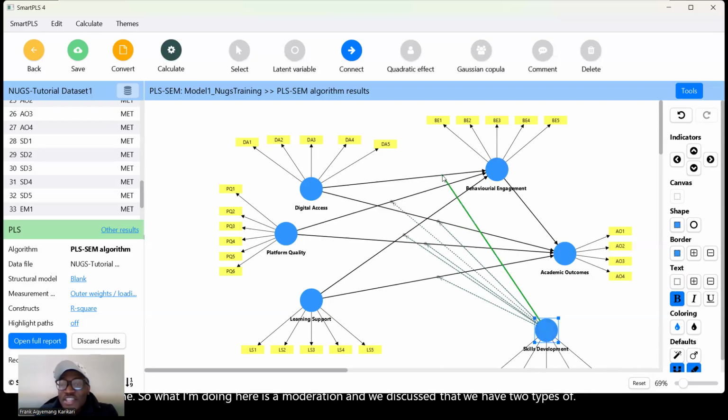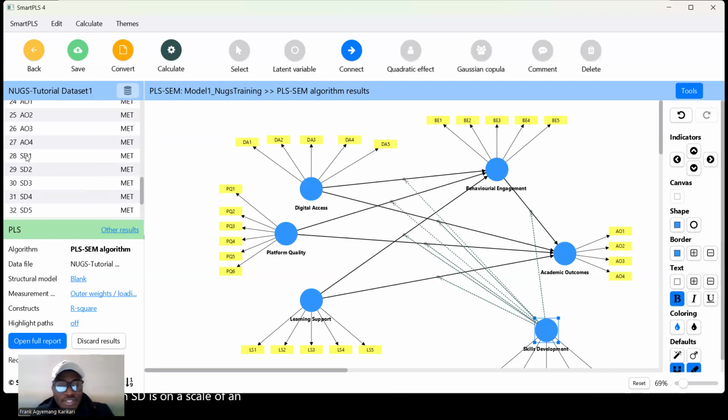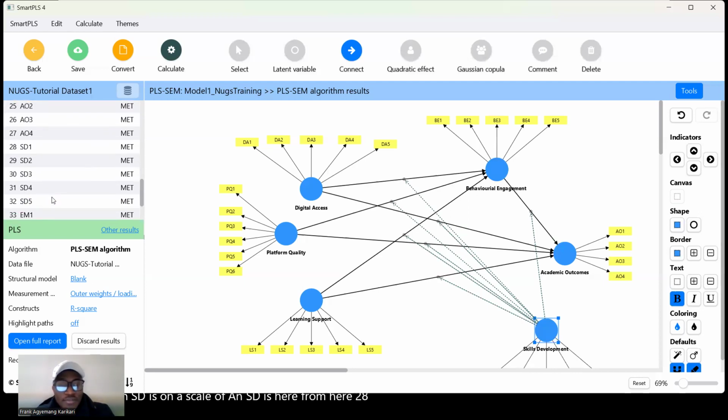We said that it can be in the form of categorical moderation or continuous moderation. So what I'm doing right now is that we are moderating SD, which is also part of our data sets. And SD is on a scale of, SD is here, from here, 28 to 32. And you all agree that SD is in the form of a continuous variable, right? Thank you very much.